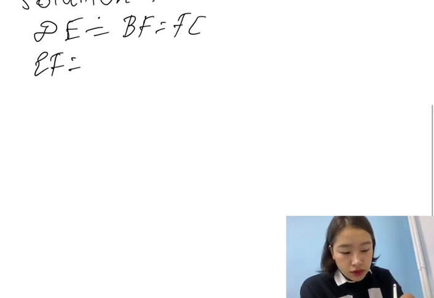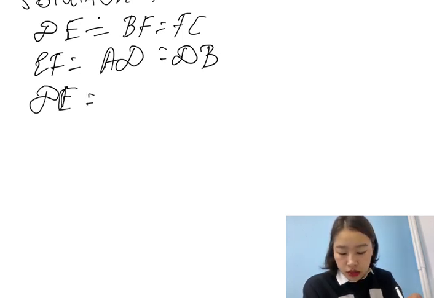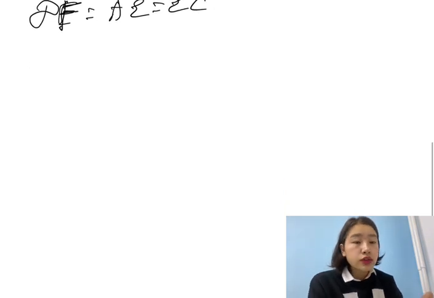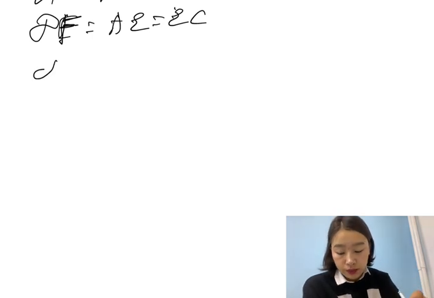And EF side will be equal to AD side and DB side also. And DF side will be equal to EA side and EC side. The vectors will be the same and they will be, of course, equal.